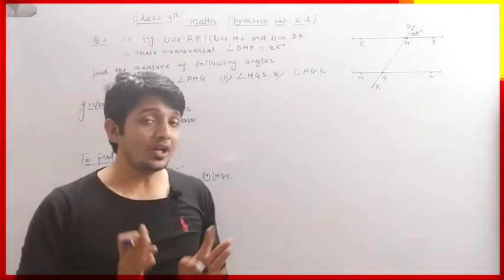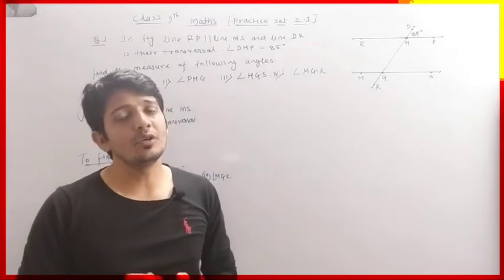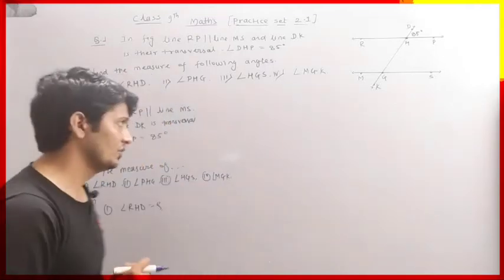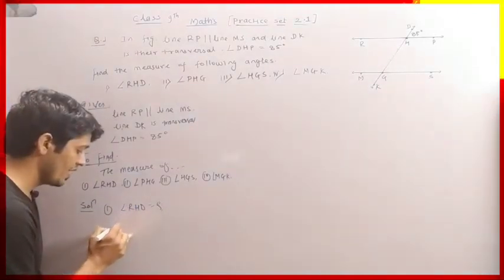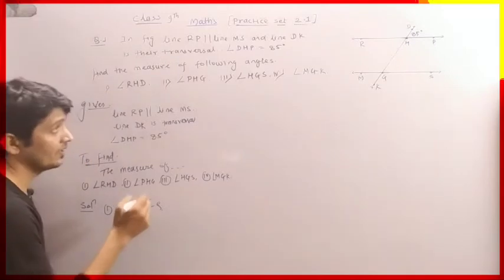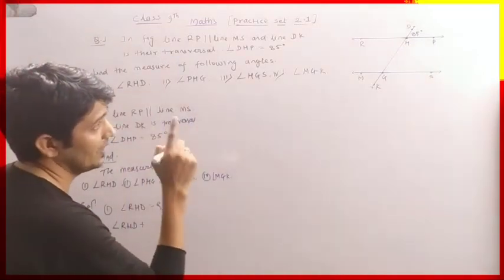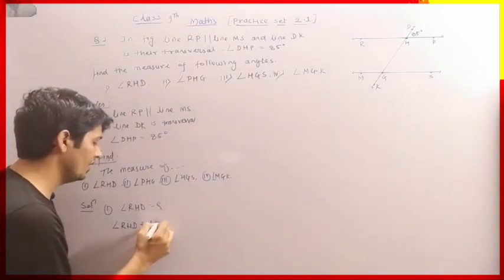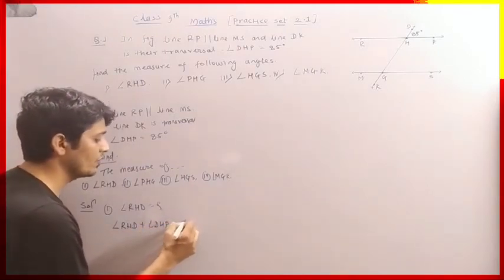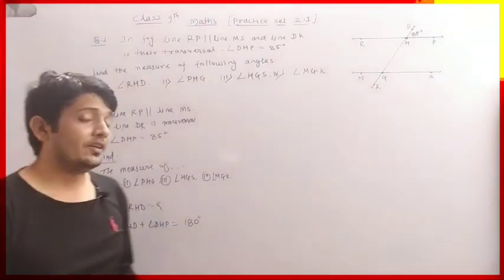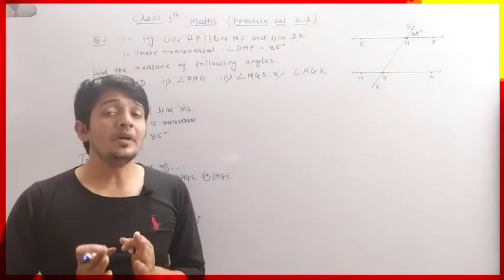Hence they are not equal; their sum is equal to 180 degrees because they are supplementary angles. Okay, so we can write angle RHD plus angle DHP equals 180 degrees. They are supplementary angles.